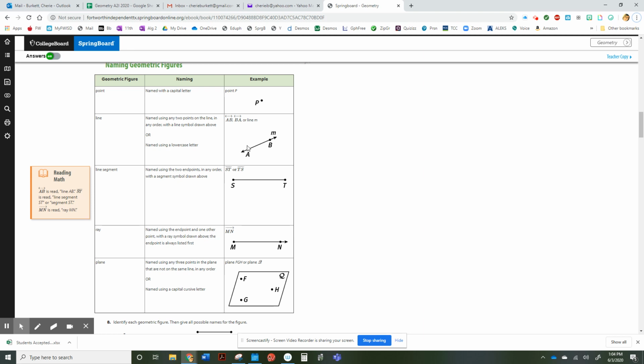Now, I have to talk to you about the fact that you need to pay very close attention to the kind of letter it is, whether it's capital or lowercase, because that's going to matter. Points are always, always, always named with a capital letter. You might think you've already known in the past that you name a point with a letter, but did you know it had to be a capital letter?